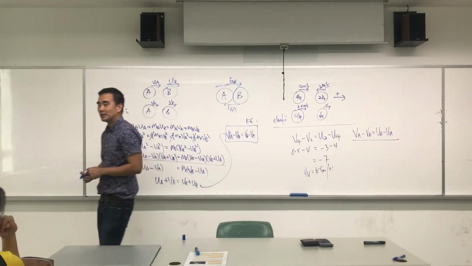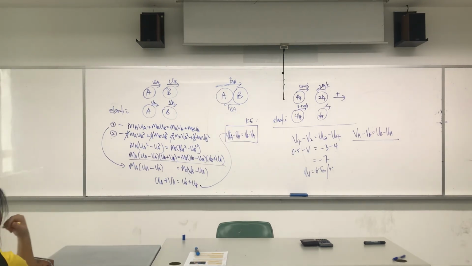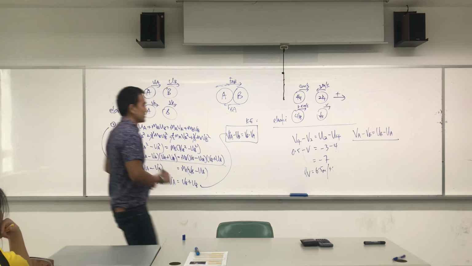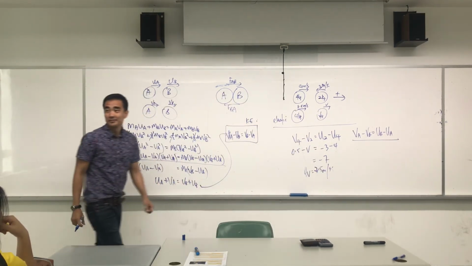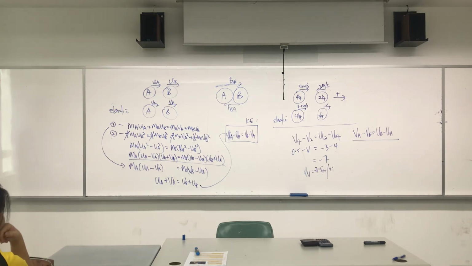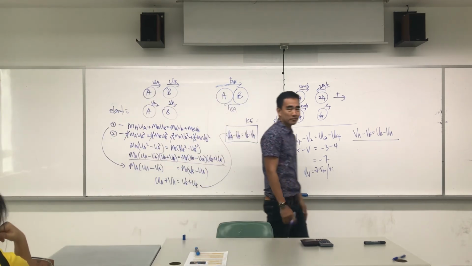Isn't it 7.5? Yes, it is 7.5. Thanks for that. So can you see the ease or not? Once I tell you it's elastic, you can use the formula straight away. You can bypass the conservations.